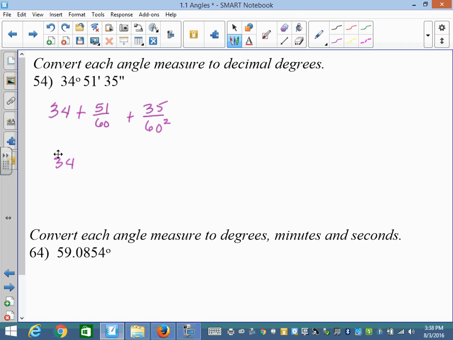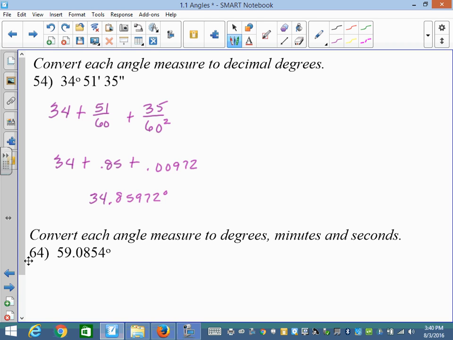This would have given you 34 plus 51 over 60, which is 0.85, plus your 35 divided by 60 squared, which is 0.00972, and the 2's keep going. Add these all up, and we get 34.85972 degrees.